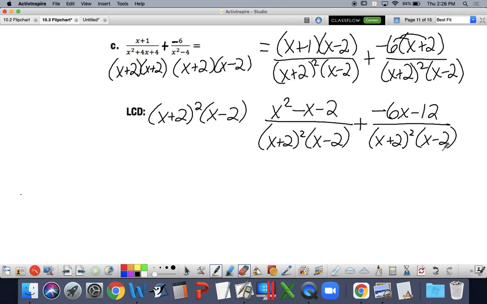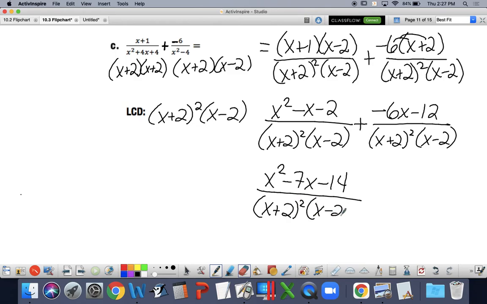Now we'll add our numerators and keep our denominators. And I'll tell you right now, this does not simplify down. There are no two numbers that multiply to give me negative 14 and add to give me negative 7. So that is as simplified as it gets.